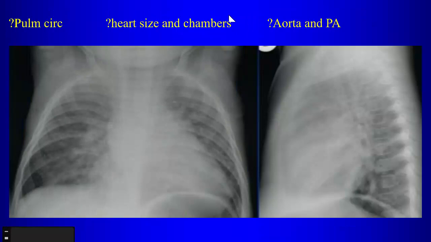We're in the category of shunts. Your three choices are ASD, VSD, PDA, right? Do we think the left atrium is enlarged? No. Do you think the ascending aorta is enlarged?